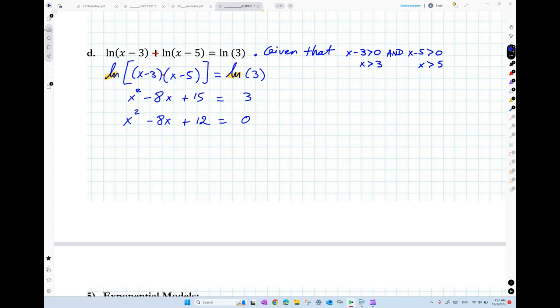So the first thing you should try is to see if you would not have two numbers that multiply as positive 12 and add up to negative 8. You can do that on a scratch paper using, for instance, the visual way of factoring.